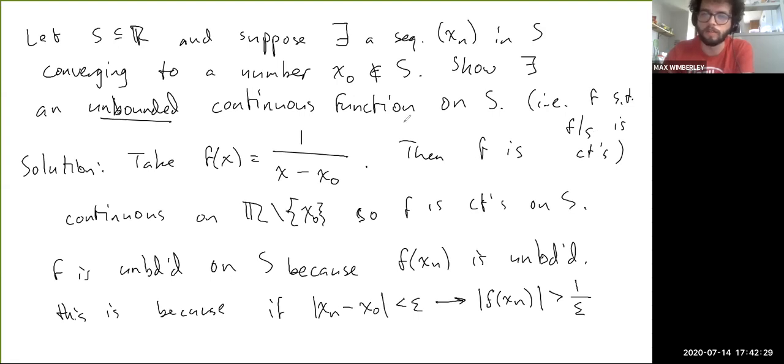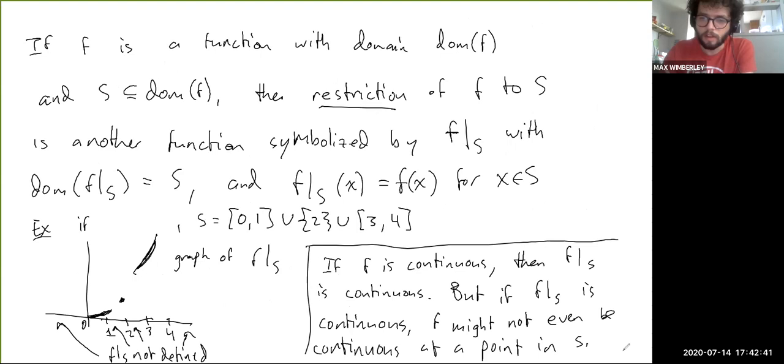But you could have defined it on S specifically, and then maybe it isn't actually the restriction of a continuous function on R. Anyway, do you have any questions about that? I know it's kind of confusing, but it's just the way the definitions work.